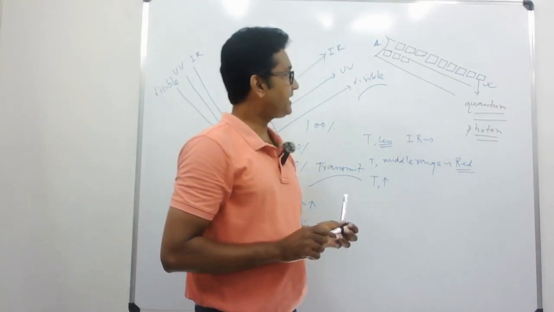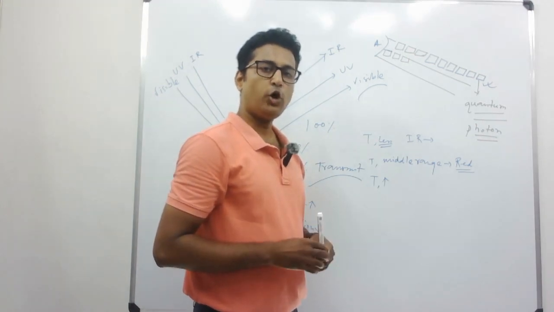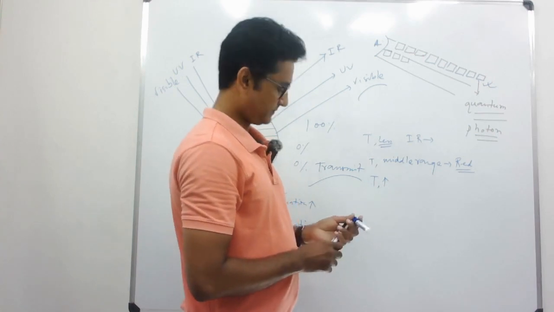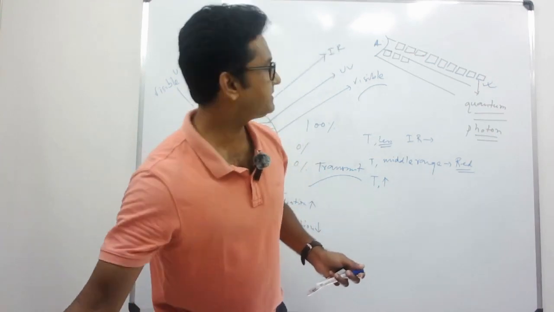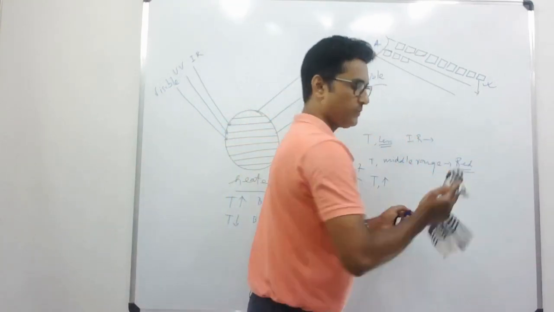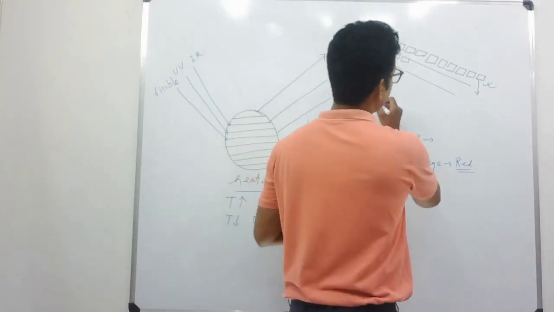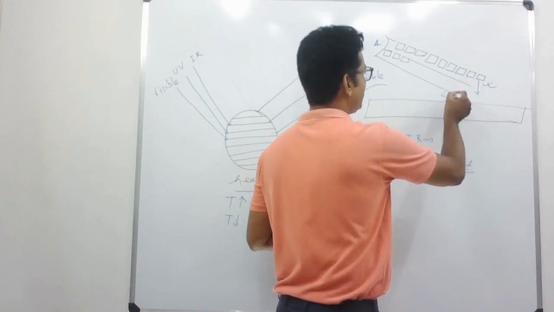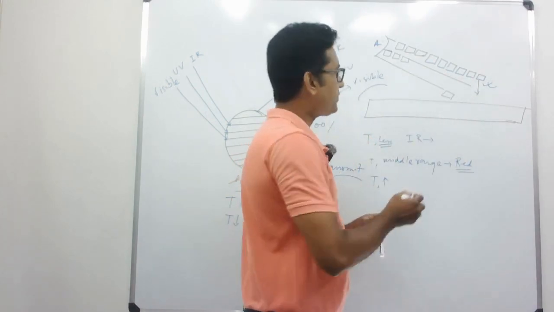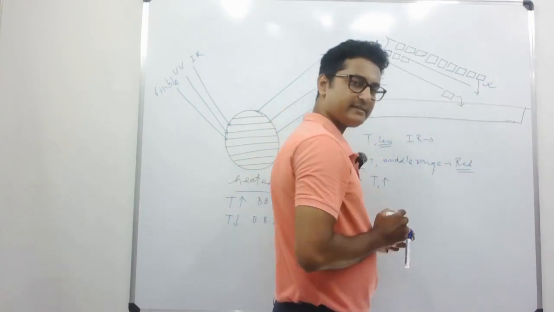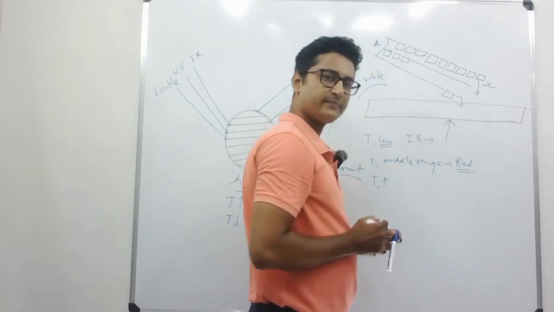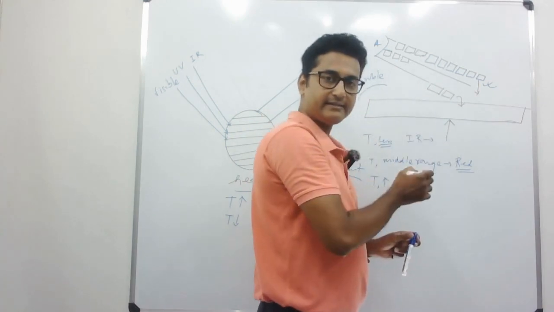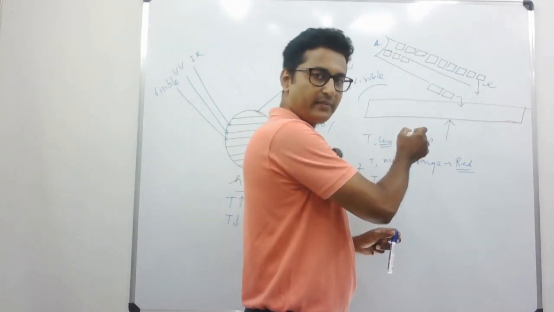The emission of energy is discrete. Whenever energy, if it is light, falls on the surface of a substance, the absorption of that energy or light happens. In this example, I have taken light.